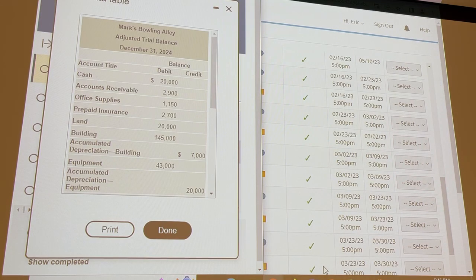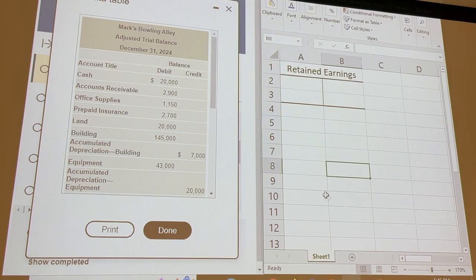Go to Excel here. So I thought I was going to do retained earnings first. So, in our first journal entry, we did a credit to income summary of 85,000.